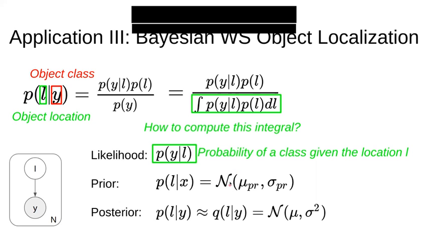It's a normal distribution with parameters mu and sigma. Mu and sigma are given in this prior, so we define a priori what they will be. And what we want to estimate here is the mu and sigma of the posterior.